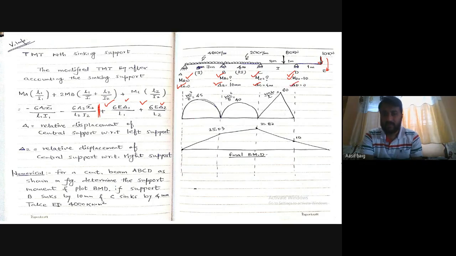So the very first step is to draw the simple bending moment diagram. In the simple bending moment diagram, the first span AB carries a uniformly distributed load, so the bending moment will be WL square by 8, and the value we are getting is 45. Then BC span carries a uniformly distributed load of 20 kilonewton per meter over a span of 4 meters, so the bending moment will be WL square by 8 and it is drawn.